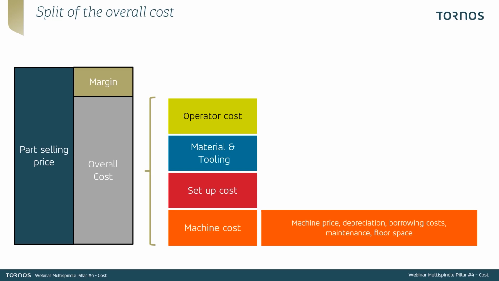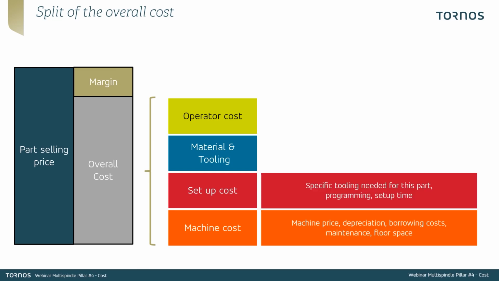Of course, the first one is the machine price, then the depreciation, including interest rate, the maintenance, and floor space. All those are fixed costs for your machine. Then you have the setup cost, who include specific tooling needed for the part, the programming, and the setup time.